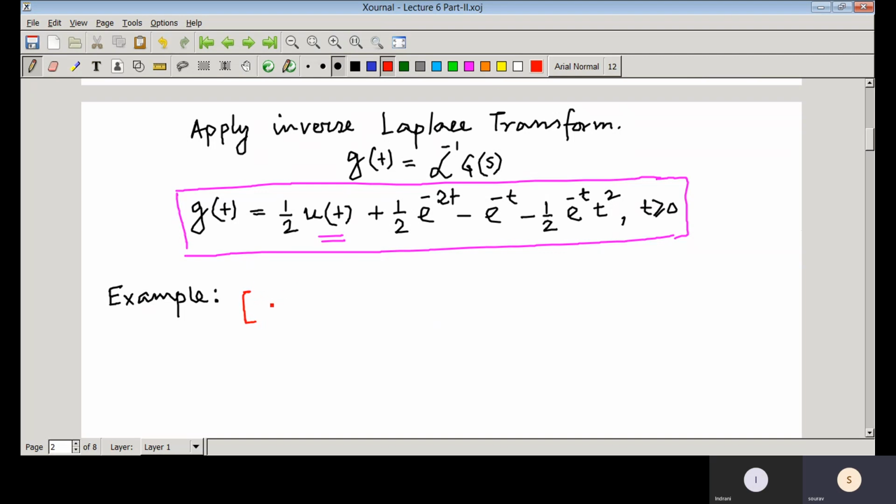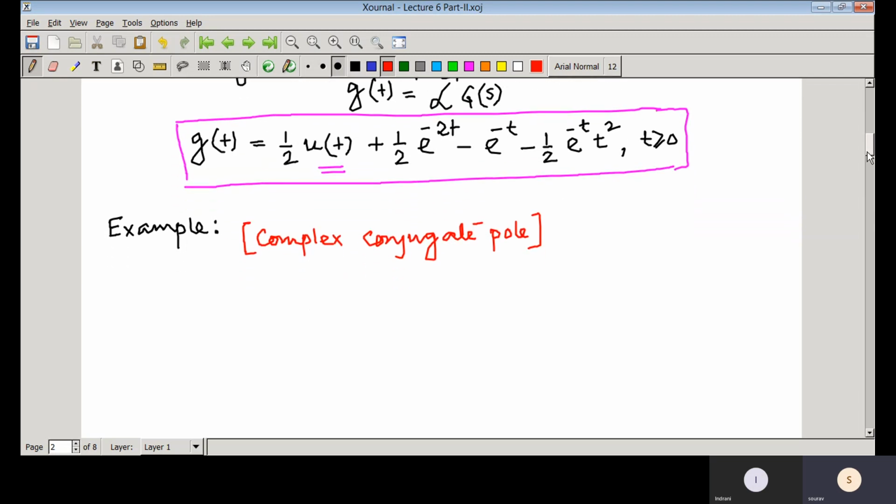Whenever you have complex conjugate poles, you will see that the coefficient may be complex, and then you can write it in exponential form, and finally you can get the final expression of GT in terms of sinusoidal or cosine terms.